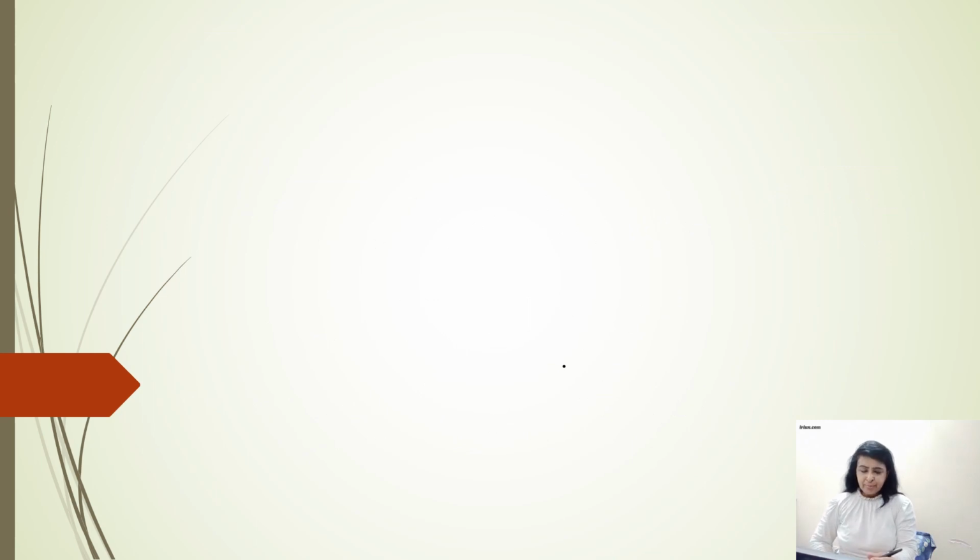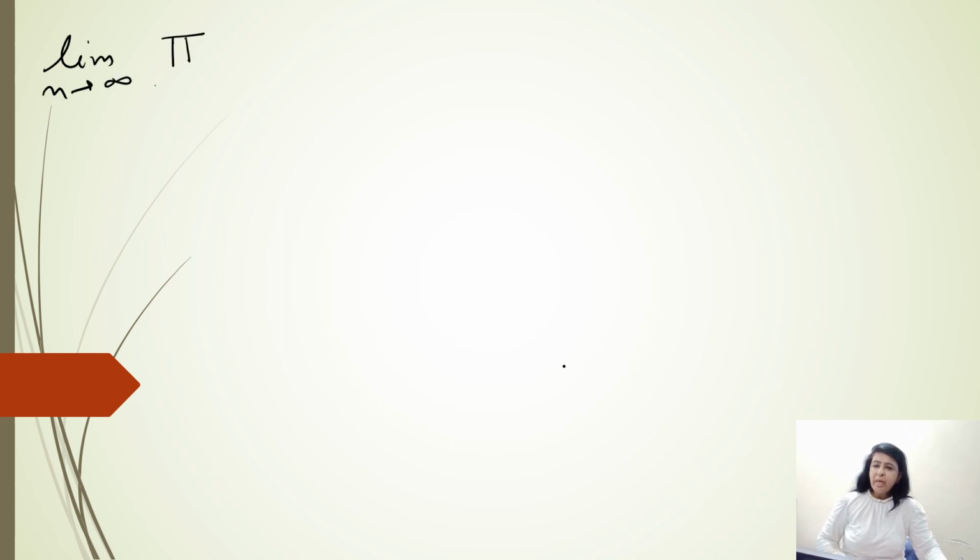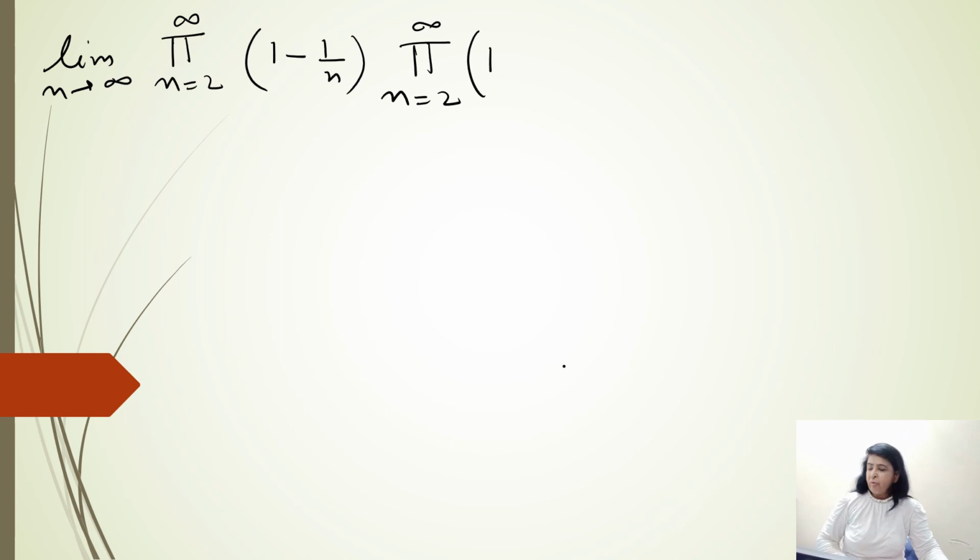Limit n approaches infinity, product n varies from 2 to infinity, of 1 minus 1 by n, times product n varies from 2 to infinity of 1 plus 1 by n. Or this is equal to limit n approaches infinity.